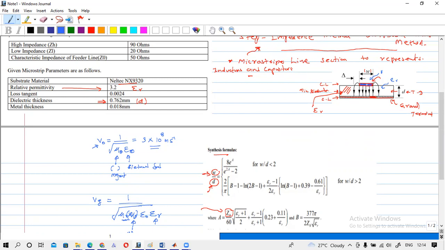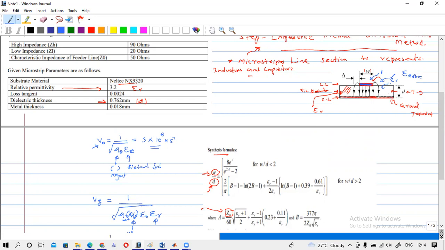So if we consider the microstrip line, the relative permittivity for that wave is between 1 and epsilon r. Actually, that is called the effective permittivity, epsilon effective.